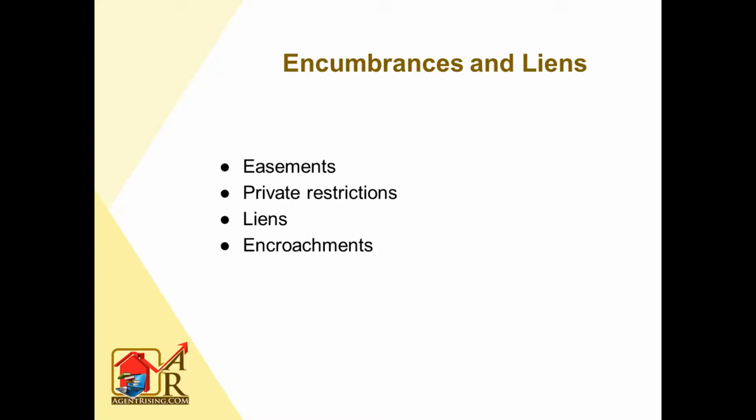If there was a judgment against you, like a credit card debt that you didn't pay, or a student loan, all of those are recorded against your property. And if you transfer your property, those would also be paid off, basically. We will talk about the order of how those liens work in another topic. We'll come back to that.